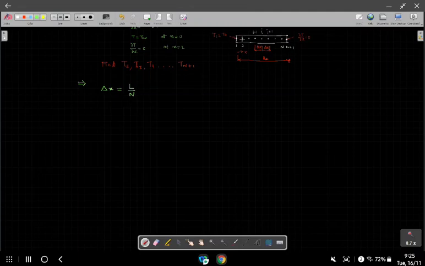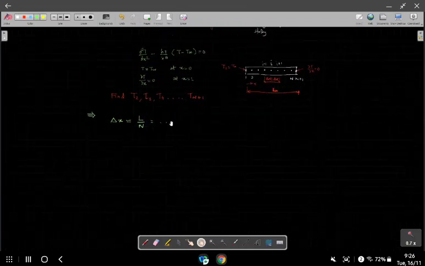So there are 9 nodes but 8 delta x's. So delta x is equals to L divided by n. If L is given, n is given, you can get delta x. And that will be our useful parameter here.